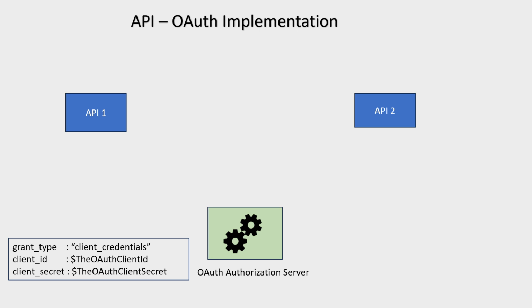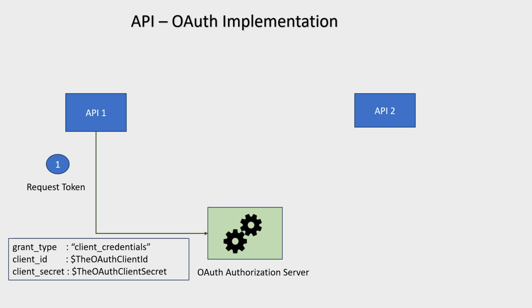Now suppose API 1 has already been onboarded to this system, and it has the client ID and the client secret. The first step is to send a request to the OAuth server. Basically, it wants the request token from the OAuth server.